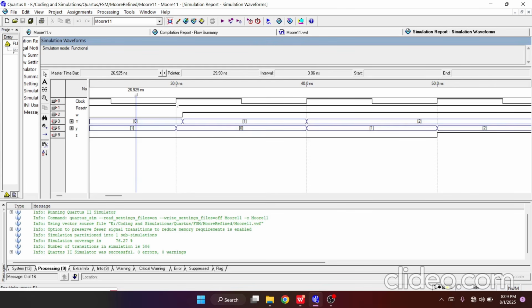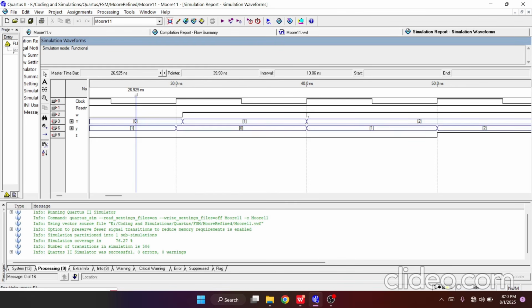Now the present state is A. In state A, if you get W equals 0, your next state should also be A, which is true for this time range. Afterwards, in state A, when small y equals 0, if you now get W high, your next state should be B, that is, capital Y should be B, which is true.